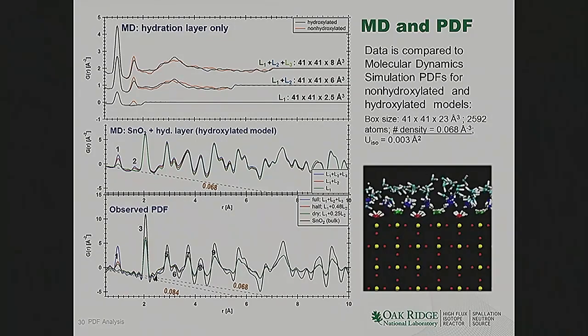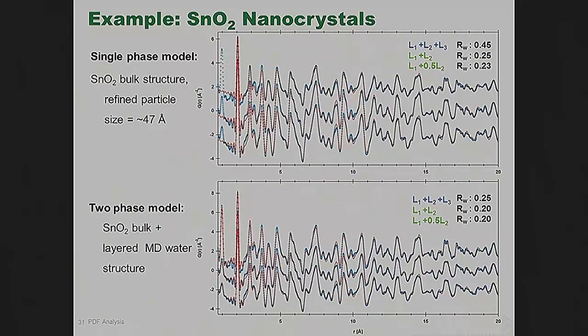One where they had hydroxylated interfaces and one where they had non-hydroxylated interfaces. And they could see that the hydroxylated model was the correct one for the system that they measured. And then they were able to track, as a function of dehydration, how many layers and what type of water are present when. And then fit their data with a crystallographic model for the tin oxide, plus their MD water layer structure.